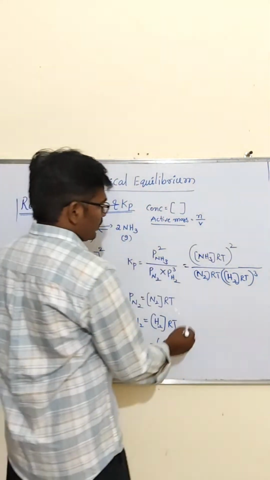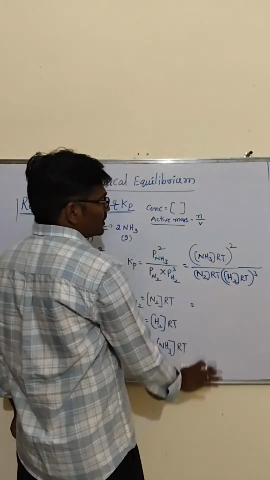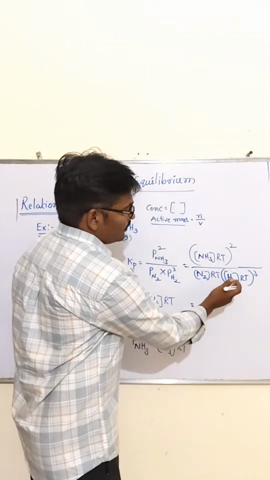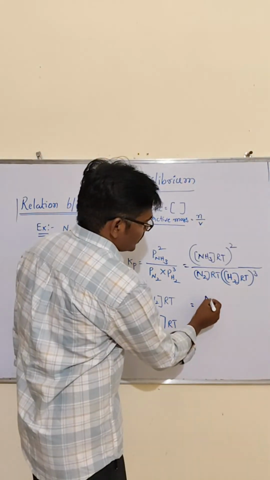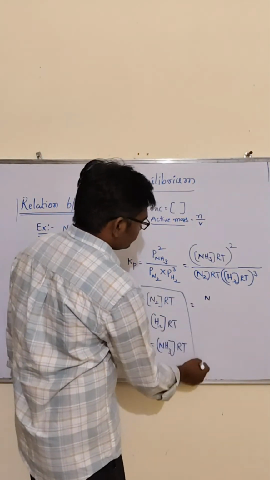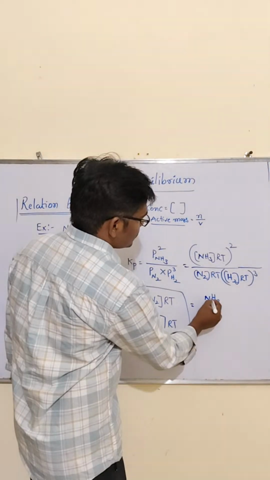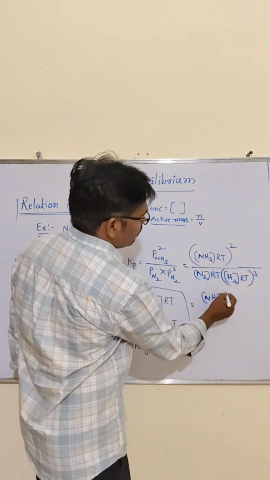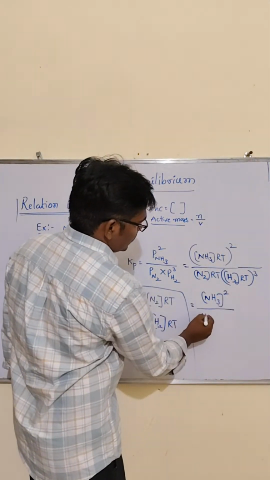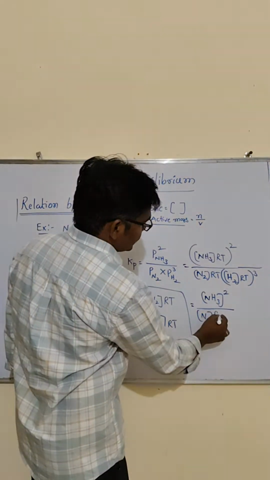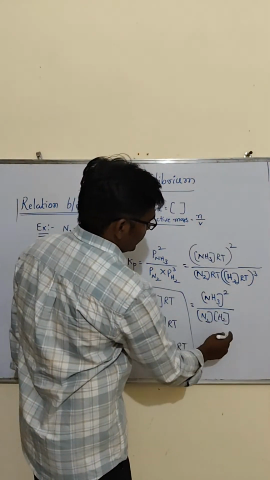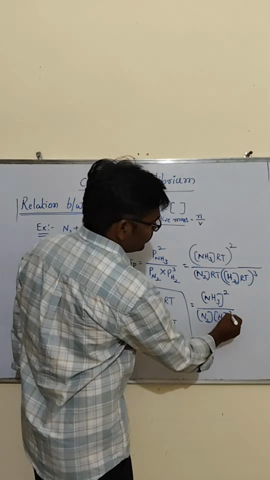Right. Next, what do we have to take? Here, the concentration terms we can separate. The NH3 concentration whole to the power square, divided by N2 concentration into H2 concentration whole to the power cube.